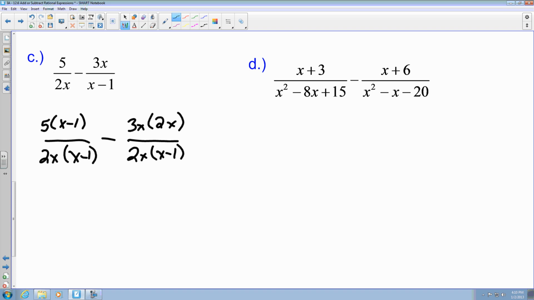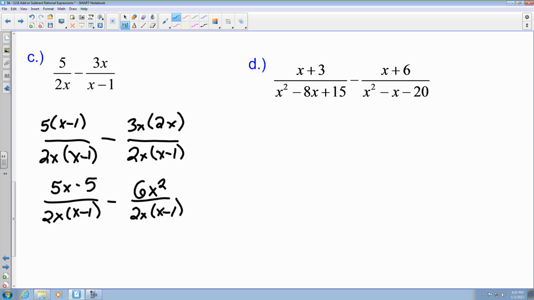So now that I have a common denominator, I'm actually going to distribute both my numerators. So I'm going to have 5x minus 5 over 2x times x minus 1, minus 6x squared all over 2x times x minus 1.